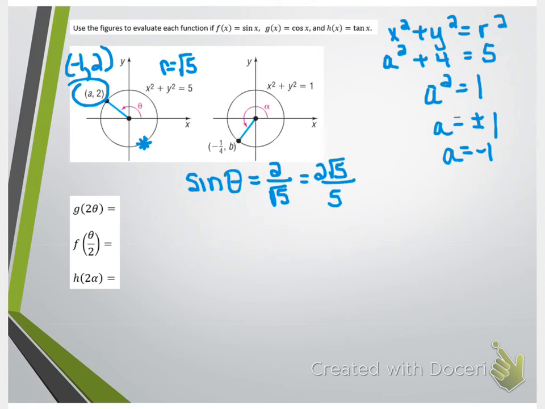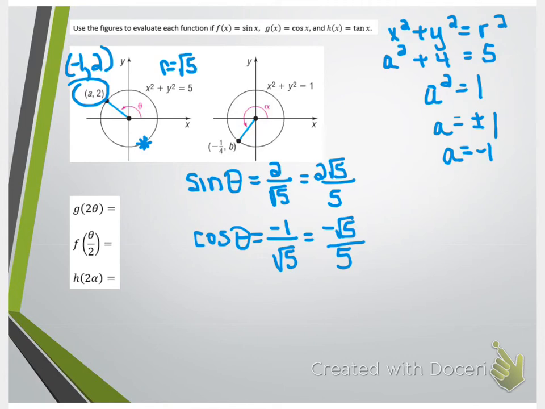And I can go ahead and say that the cosine of theta is x over r, so negative 1 over the root of 5, which again is better written as negative root 5 over 5. So that's basically the pieces I need from the first circle that have anything to do with theta.